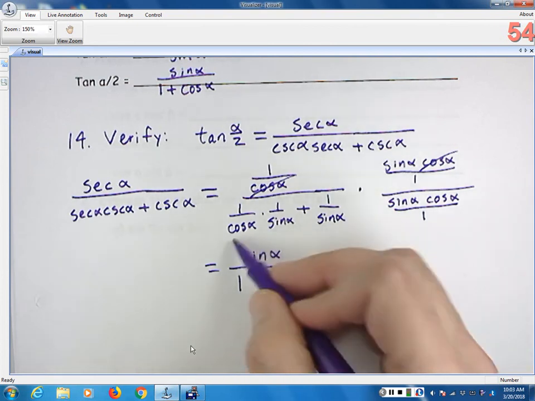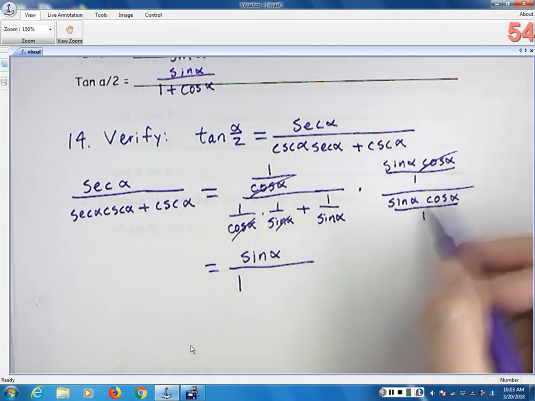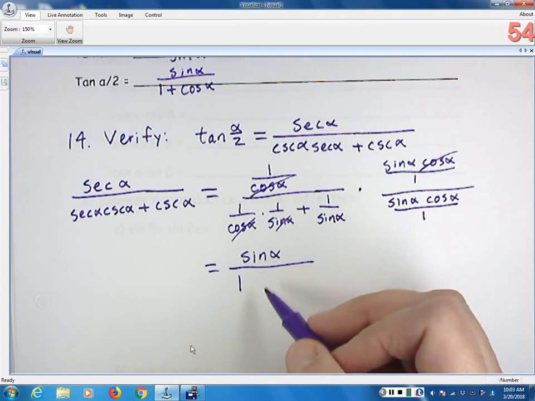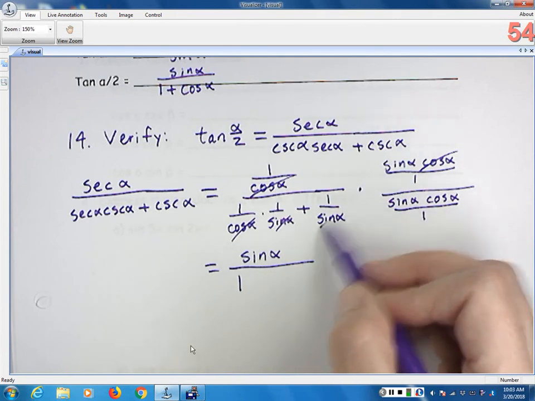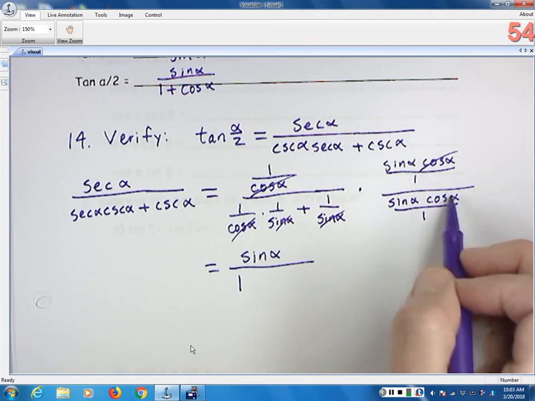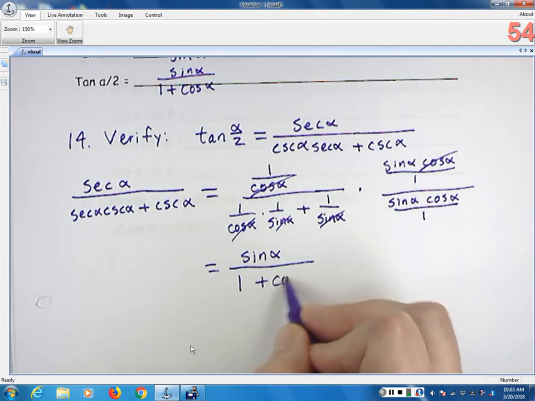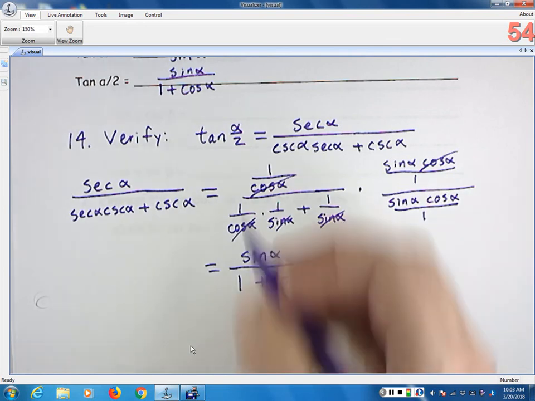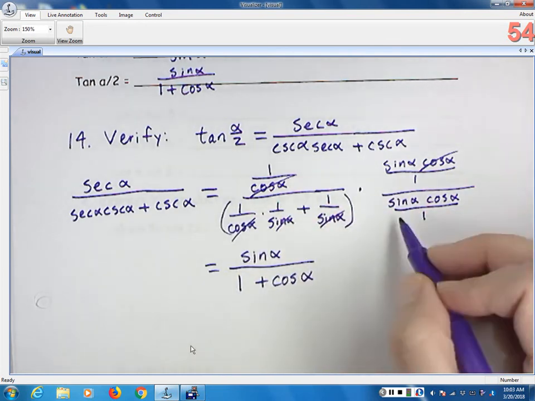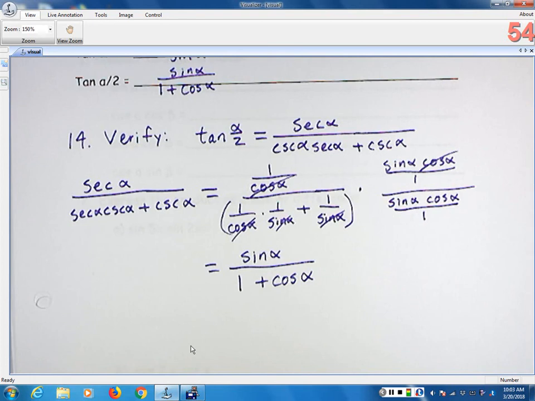These things cancel for that one. But on this one, you have the sines cancel, but the cosine's there, so plus cosine alpha. If you need to write out more steps there to follow it, I distributed. You could write those out.